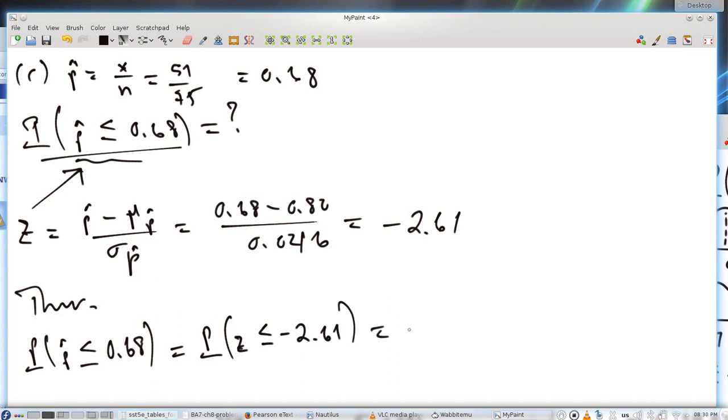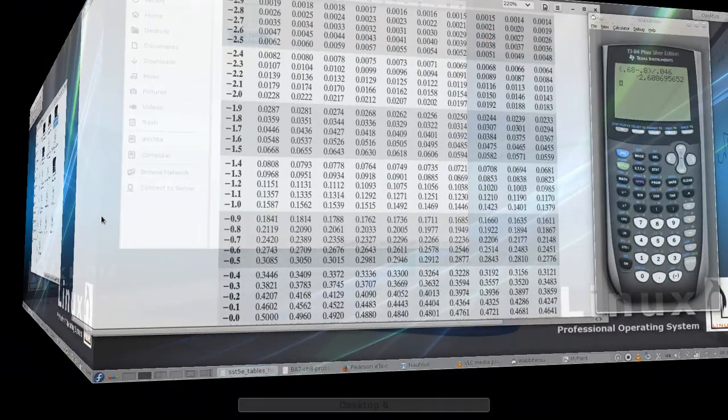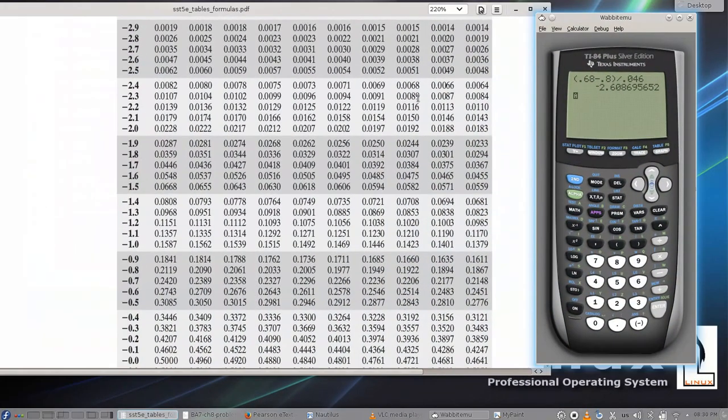You can see here the curve looks like this. It's negative 1, negative 2, negative 3, and negative 2.6 is somewhere around here, and this is the region that we're interested in. It's a very, very small region, a small percentage. Based on our z-table, the answer should be apparent to us that it's extremely small.